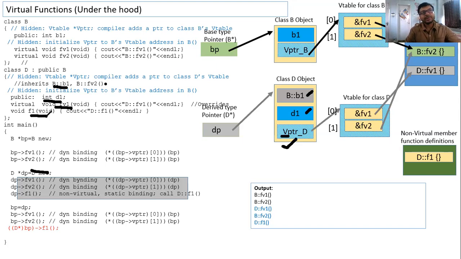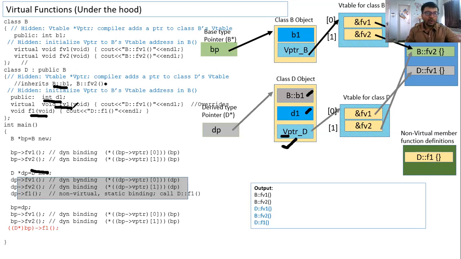So the derived class basically has three functions. Two of them are virtual, one of which it has overridden after inheriting it from its base class. The other one just uses the base's copy, and it also includes one non-virtual function, D's f1.